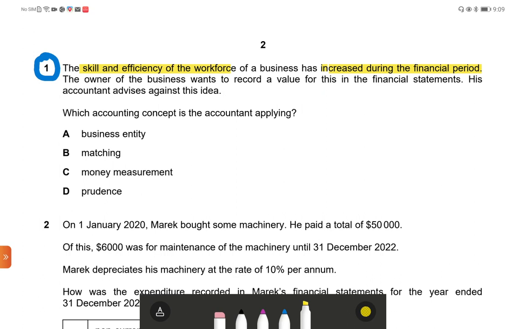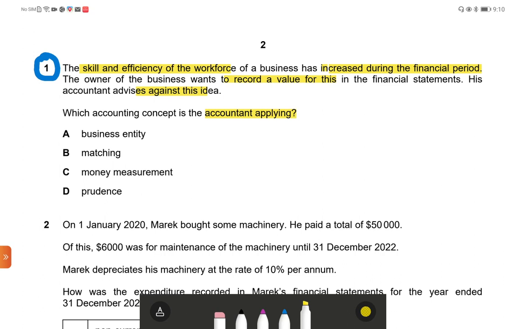The owner of the business wants to record a value for this in the financial statement. His accountant advises against this idea. It means the owner wants to record the efficiency and skill of the staff or workforce, but the accountant is against this. Which accounting concept is the accountant applying?